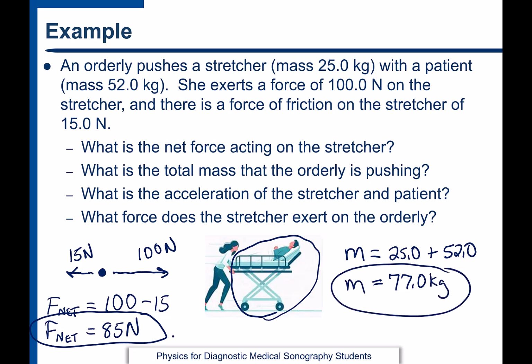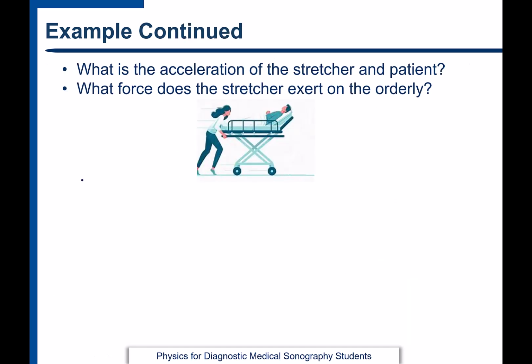Okay, so we've got the net force and we've got the mass. And so now we can go ahead and use Newton's second law to find the acceleration. So we know that acceleration is equal to the net force divided by the mass.